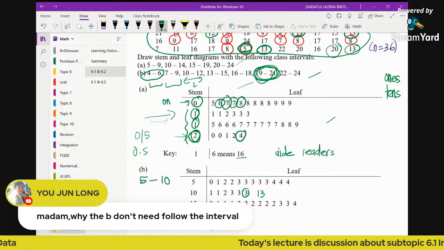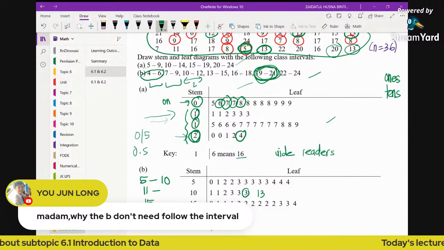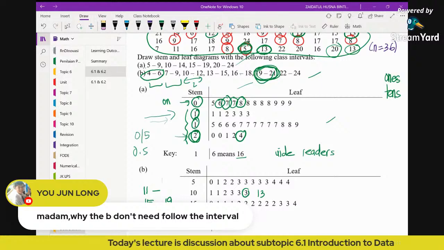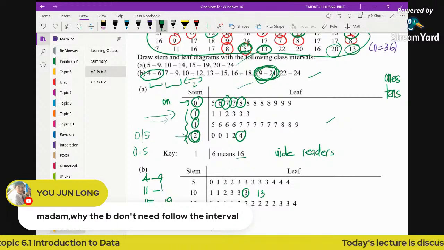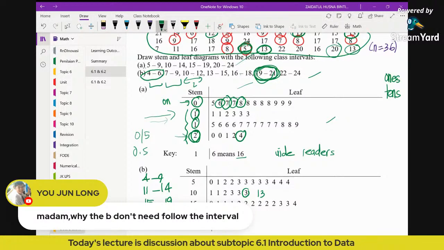This one is from 11 until 15, and then 15 until 19. Then 4 until 9, and then 11 until 14, 15 until 19, and 20 until 24. So this one is the stem and leaf using these intervals.